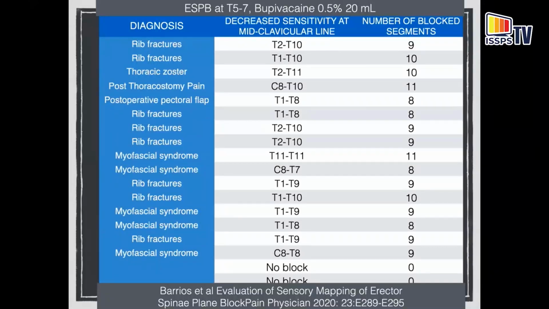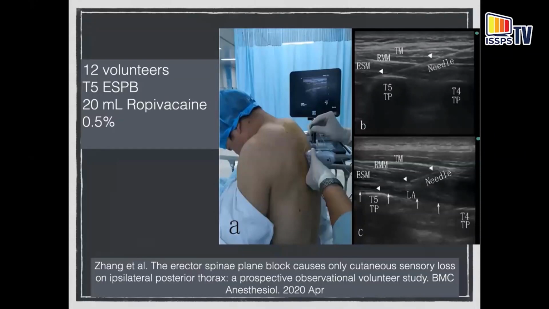So we go to another study, another clinical study, and this is a volunteer study. The previous study was patients who were being treated for acute pain, severe pain, and treated successfully based on the report. Now we're looking at volunteers who agreed to have Erector Spinae plane block with 20 mils of ropivacaine 0.5%.